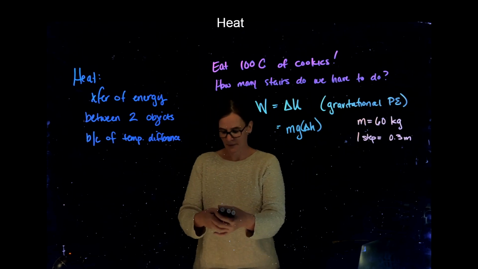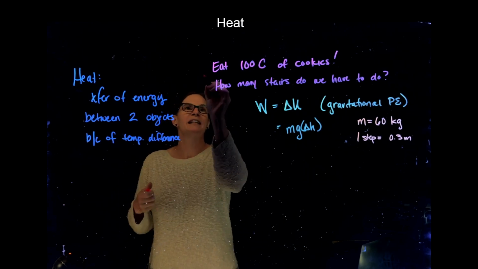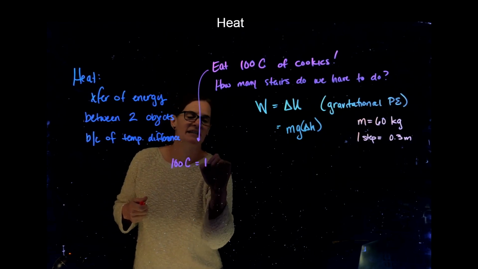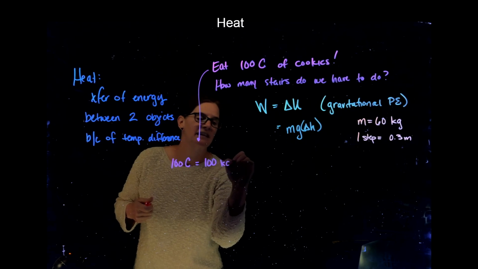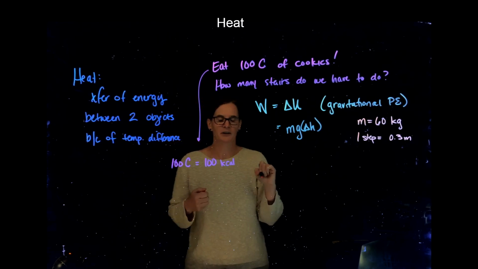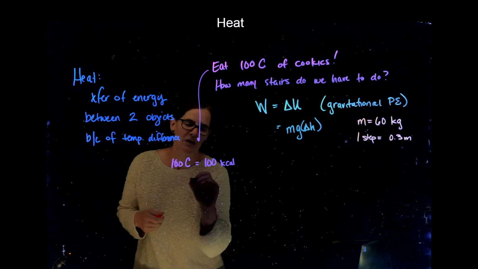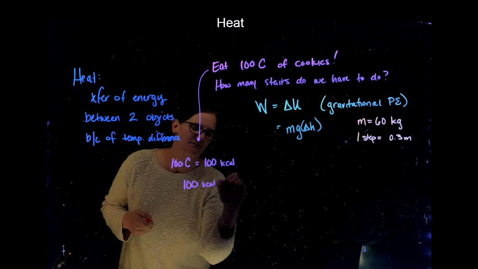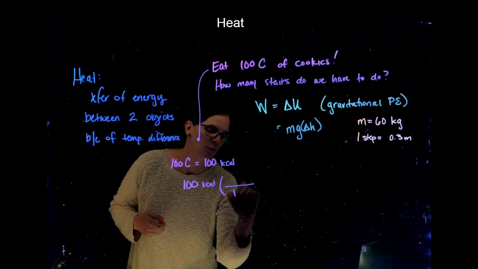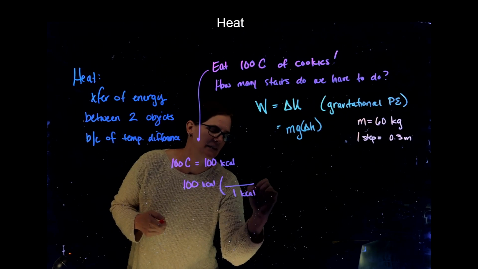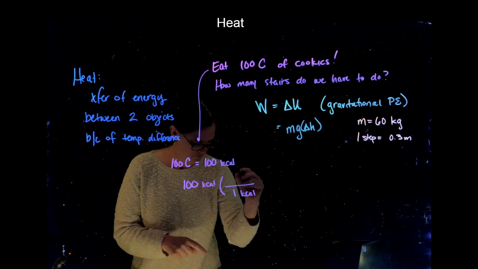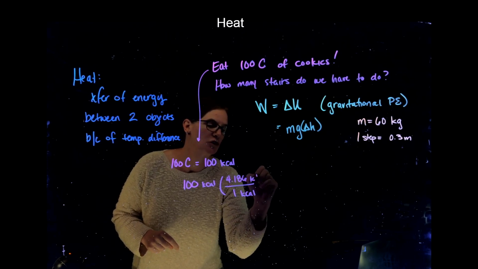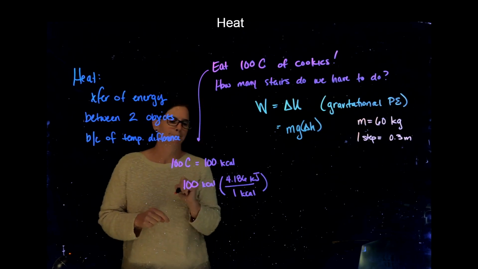Now we want to remember that 100 calories, capital C, is equal to 100 kilocalories. In 1 kilocalorie, we have 4.186 kilojoules of energy.